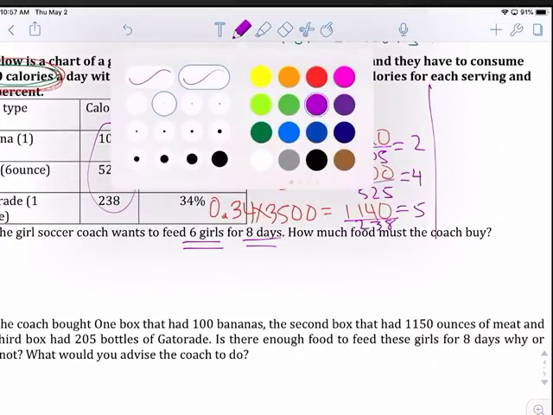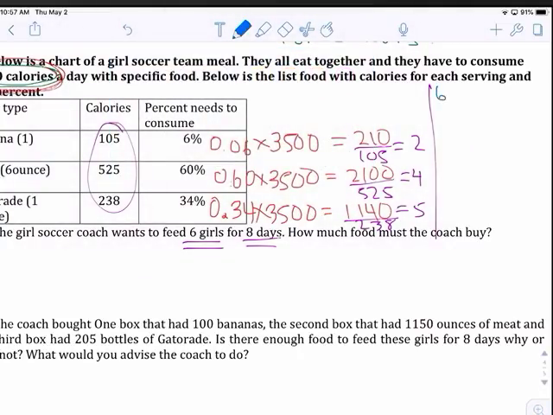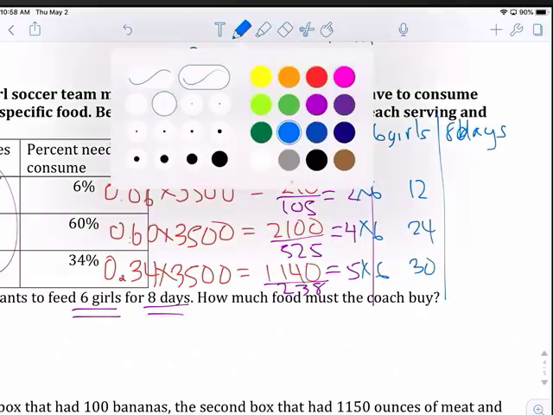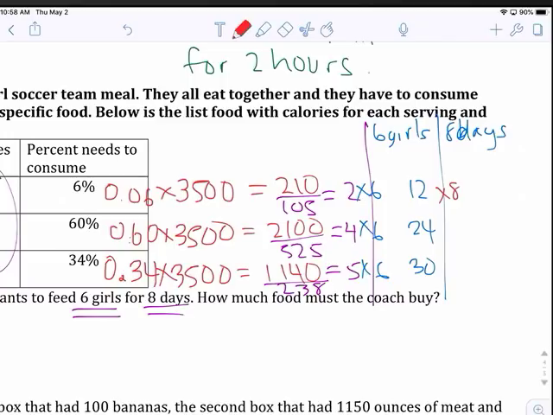Yes. 6 girls, 8 days. Oh, I didn't multiply by 8 yet. 12, 24, 30. And then multiply it by 8 for 8 days. 96, 192, and 240.